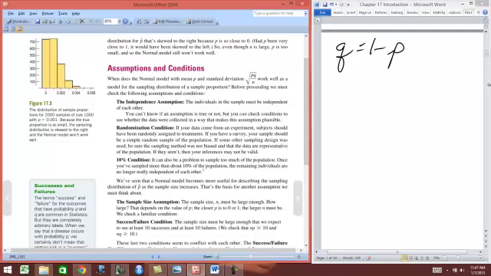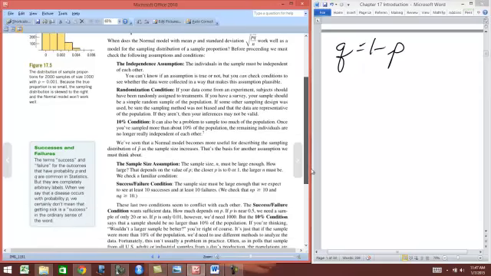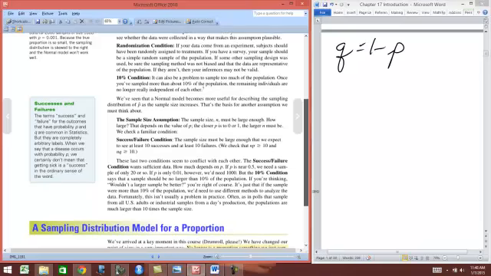Assumptions and conditions. This is very, very important, and you must always prove that you can use the normal model and consequently can use the approximately normal sampling distribution to describe the distribution of your sample statistic by showing that your sample is independent, random, is not too big, the 10% condition, and not too small. np and nq are both greater than or equal to 10.